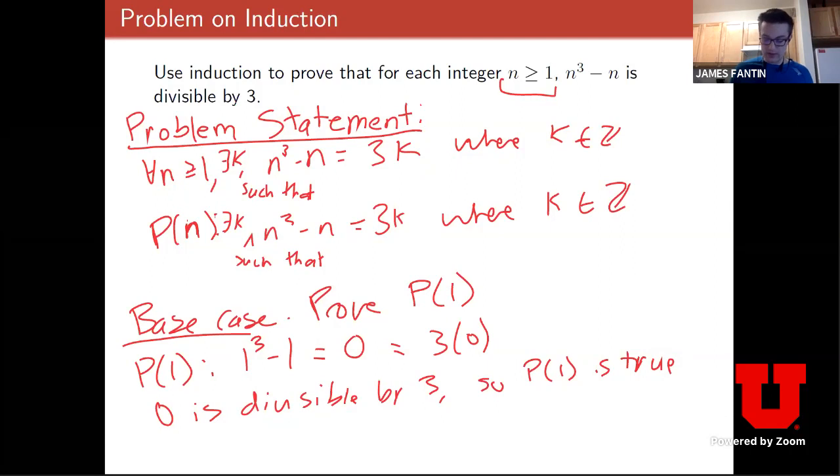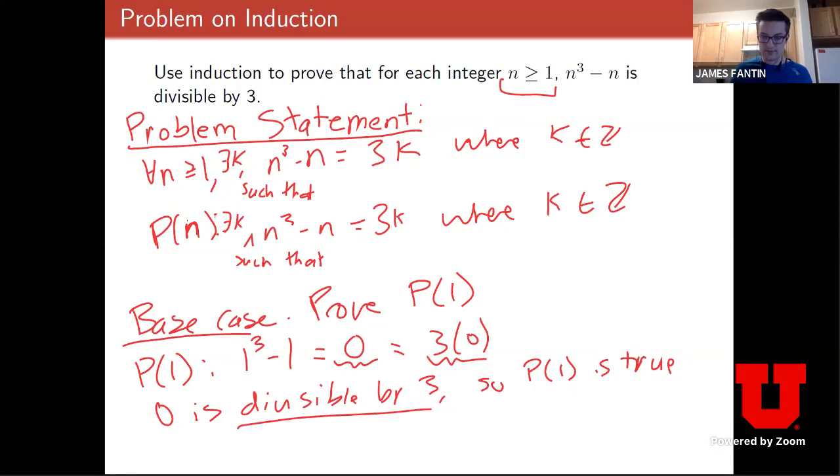And how do we show that? Well, we need to show that it's equal to 3 times some integer k. And if 1 cubed minus 1 is equal to 0, we can rewrite that as 3 times some integer, which happens to be 0. So this is just showing that divisible by 3 portion. Awesome. Any other questions?